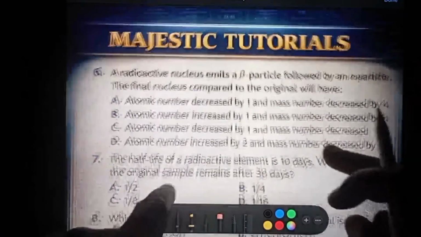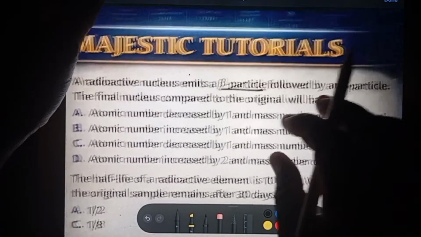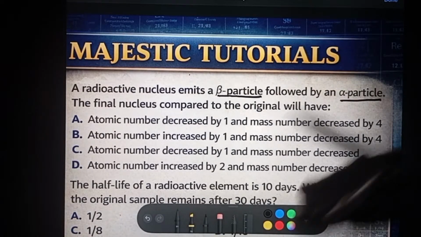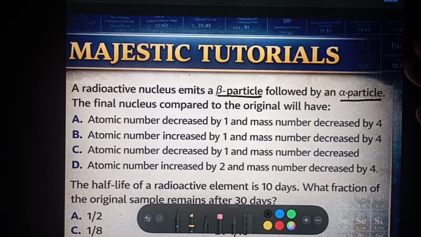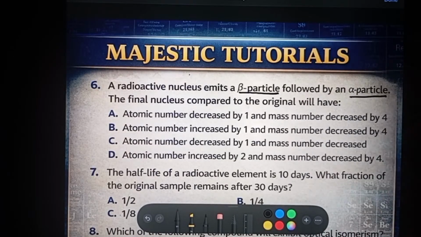How do we represent beta particles and how do we represent alpha particles? And then you should know what we call alpha decay and beta decay. What happens to the atomic number and the mass number when a radioactive nuclide undergoes beta decay, and what happens when it undergoes alpha decay.